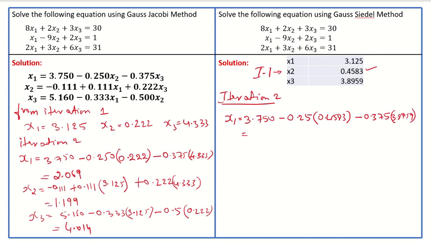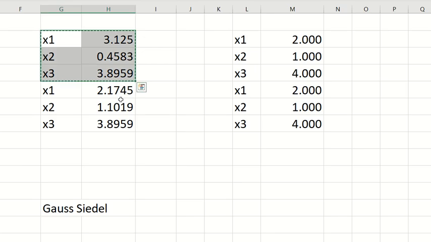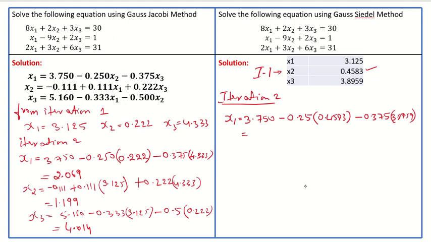You are going to get x1 as 2.1745. So this is the answer for x1. Now when I get this x1 in the Gauss Seidel method, automatically this value will be updated with 2.1745. So whenever I am using x1 next, the value will be 2.1745.